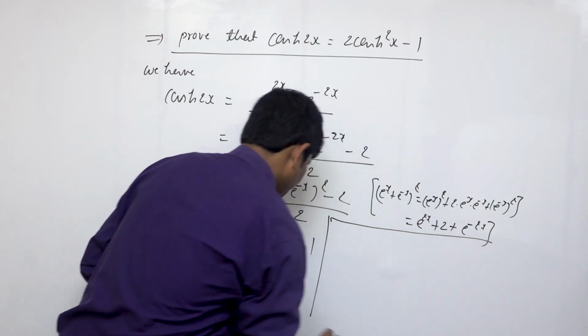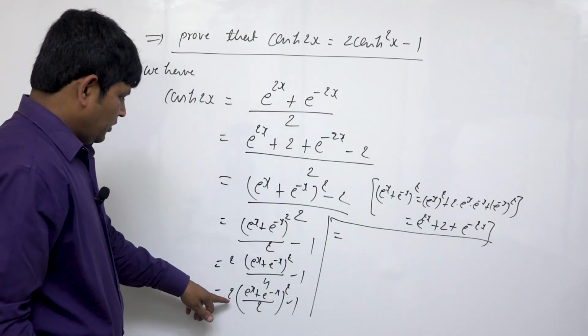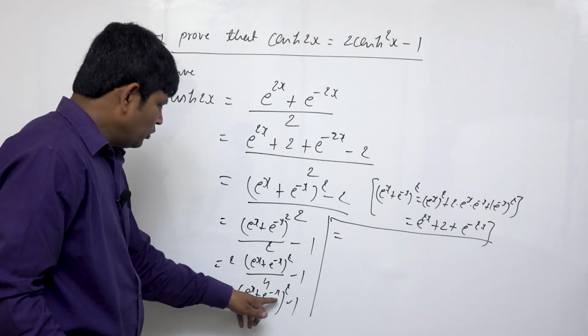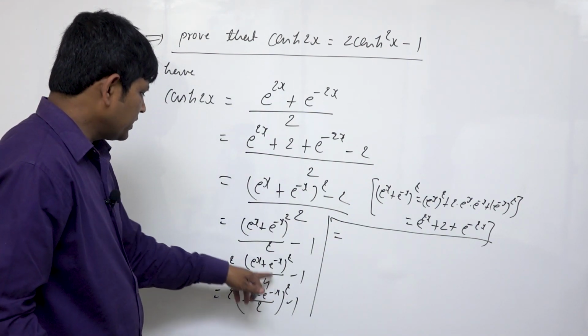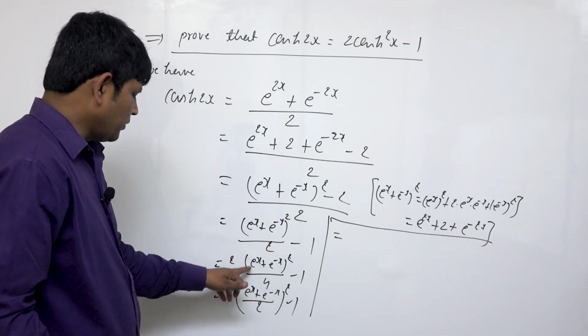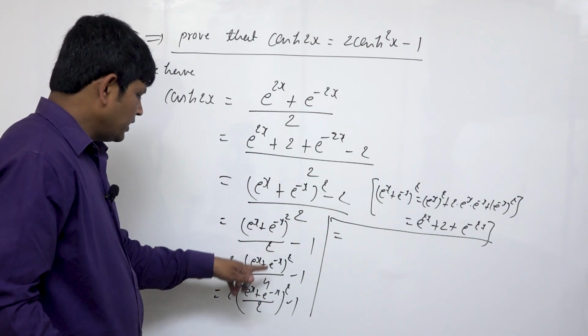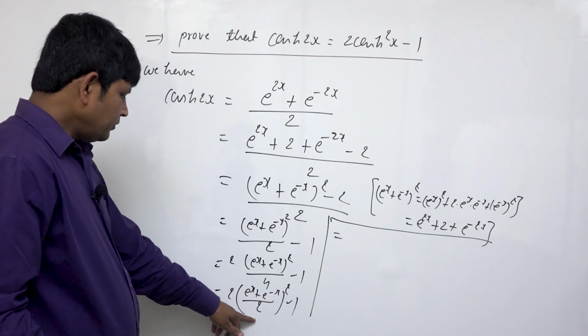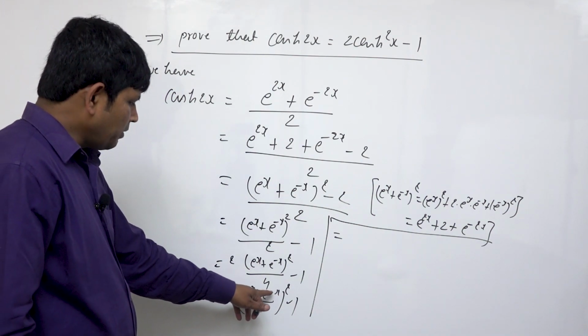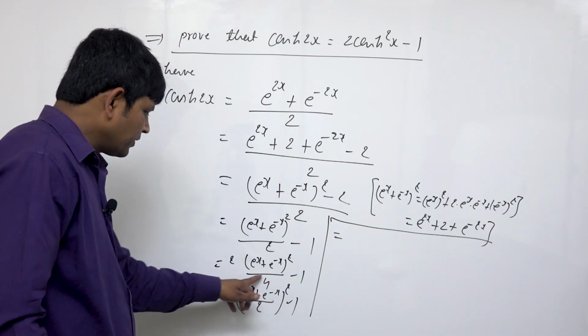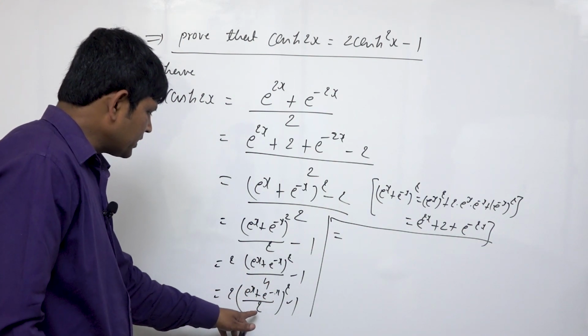Now let's see. 2 times, because if you make their squares, e to the x plus e to the minus x whole square, 2 squared is 4, the same thing. So you can express it that way. Now what is e to the x plus e to the power minus x over 2? This is cos hyperbolic x.